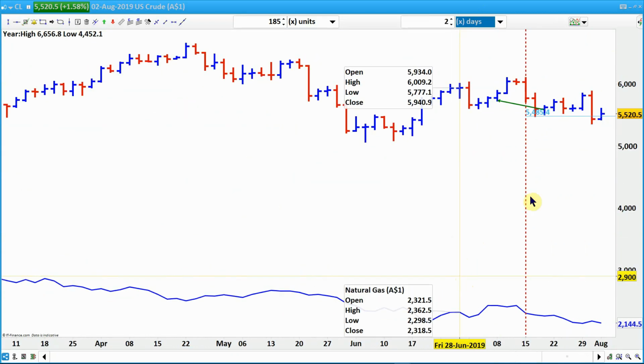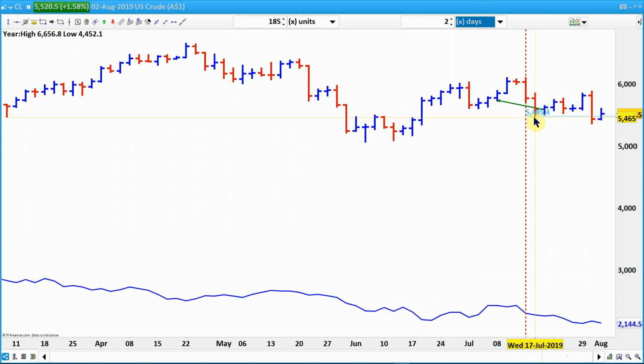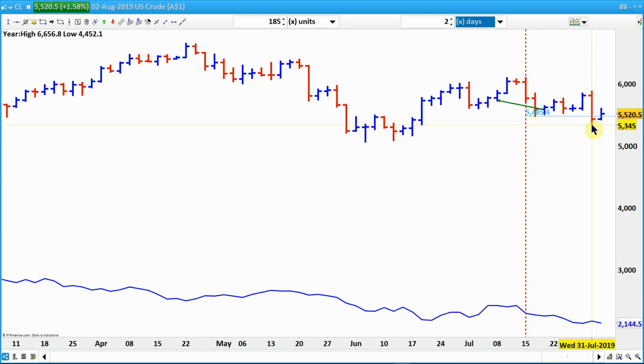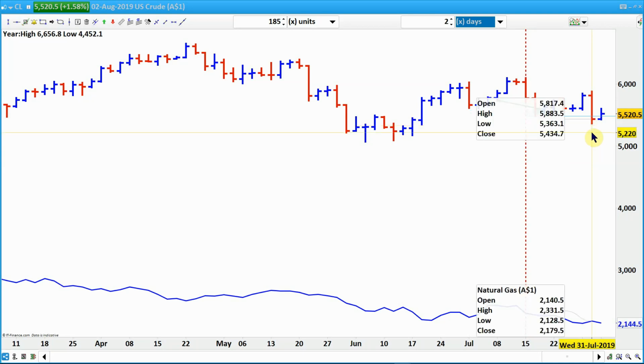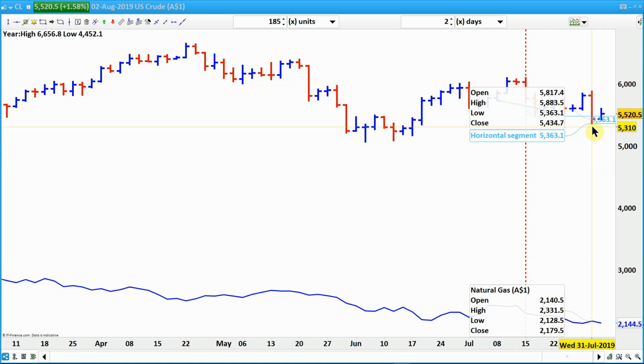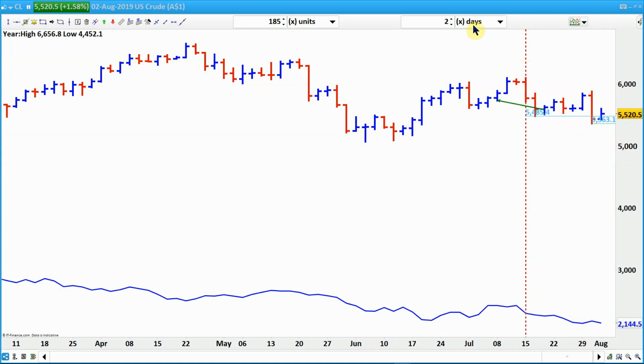In 2 day, it actually closed below, as you can see, the low of 54.854 was taken with a close below, because the close on 31st of July, which is only 4 days back, was 54.347, lower than 54.854, but the low of this is not taken. So if you are trading 2 days, you can consider going short when this low is taken out at 53.631.